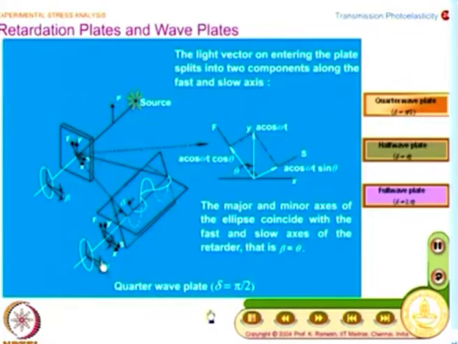This beta will coincide with theta. Whatever I have shown as beta, it will coincide with theta. The major and minor axes of the ellipse coincide with the fast and slow axes of the retarder. So, what you get is beta equal to theta.